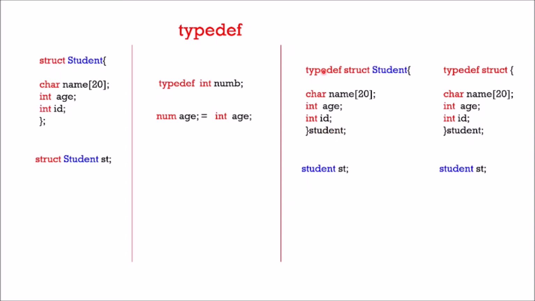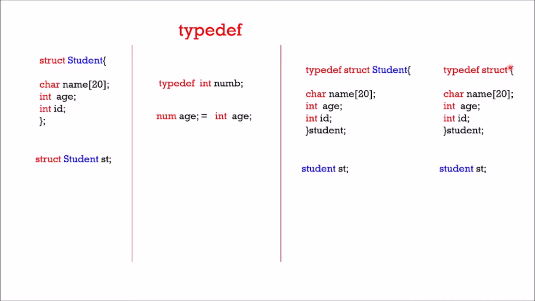So now I won't have to use struct student again, but from now on I will use just student st, and it will be equivalent to struct student. Okay, so it is shorter by using typedef. Remember, you write here the alias that you want in place of this long struct student data type.